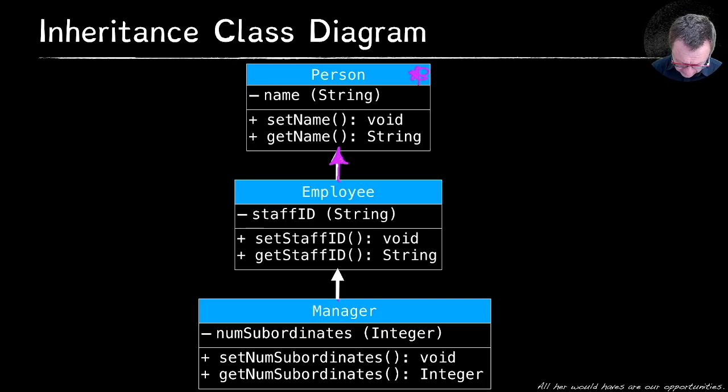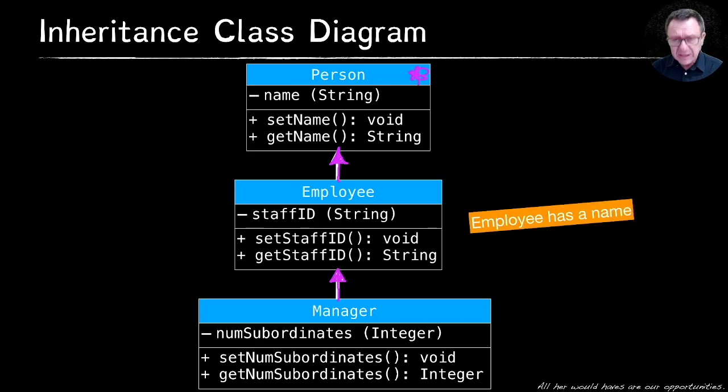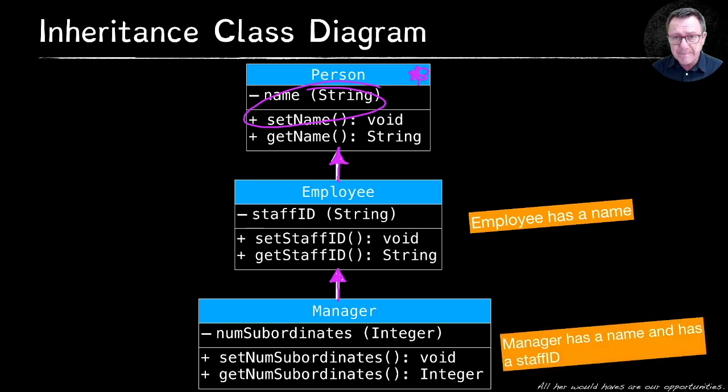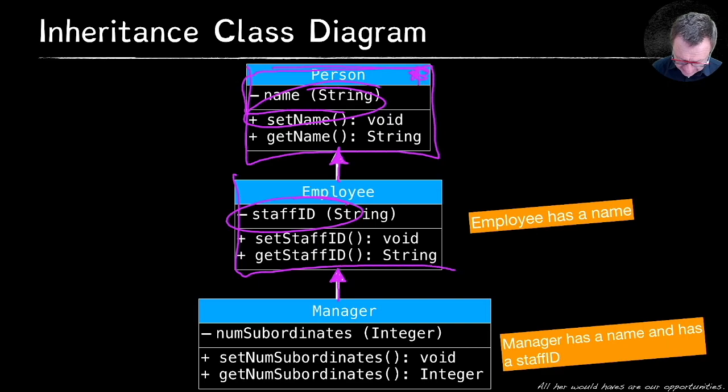And then we go again with our manager class. So our employee has a name because up here we had name. Our manager has a staff ID because up here. So all of the values, all of the class fields, if you like, and all of the methods that were in there come down into here.